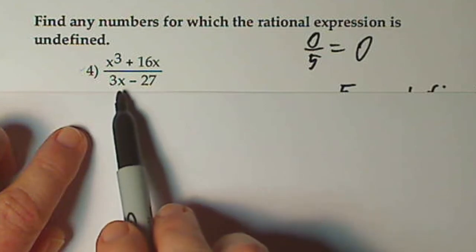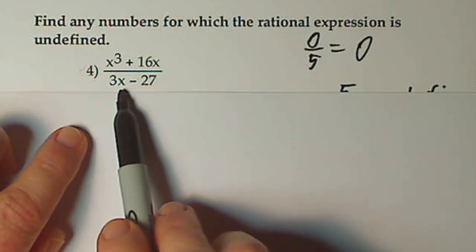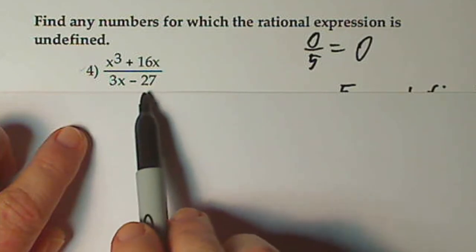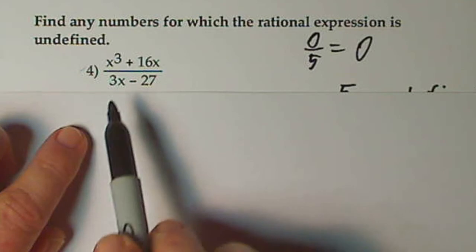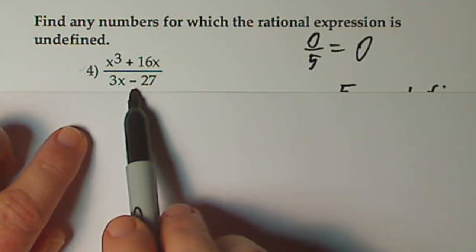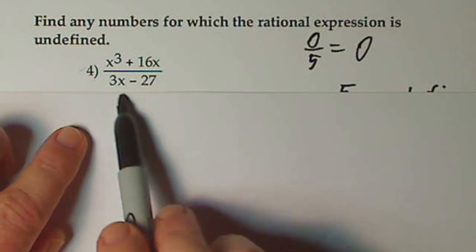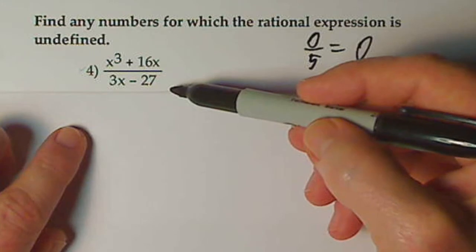You wouldn't care. If it was a 2, it'd still be a negative value. If it was a 10, you'd have a positive value. There's one value that we can't let x become. X cannot be 9, because if x is 9, you'll have 3 times 9 is 27. If you subtract 27, that'll give you a 0 in the denominator, and this entire expression would be undefined.